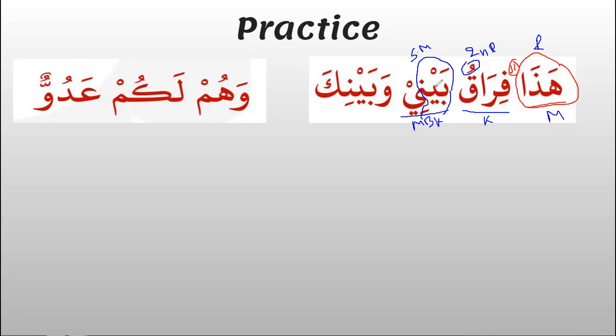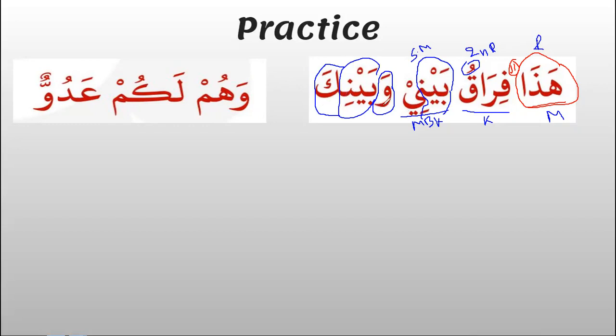So baini is what? Baina means between, and e is me, so between me. Wa is the ataf here, and between me and bainika. Baini means between, and ka means you, so baini wa bainika means between me and between you.